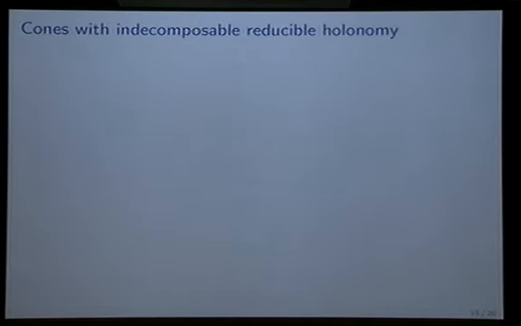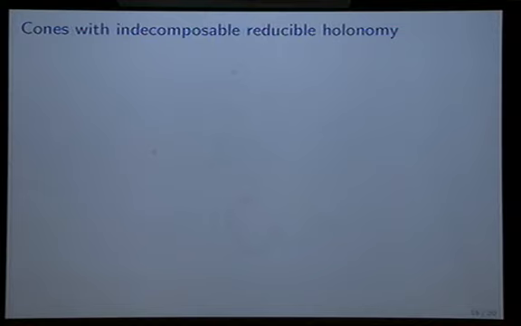Okay, now I come to Vladimir's question. What about examples with indecomposable but reducible holonomy? So cones with indecomposable, reducible holonomy. For this case, we do not have a complete description. We have a nice description under some assumptions, but here we cannot claim to have solved the problem because, first of all, there is no classification of indecomposable holonomy groups of pseudo-Riemannian manifolds.